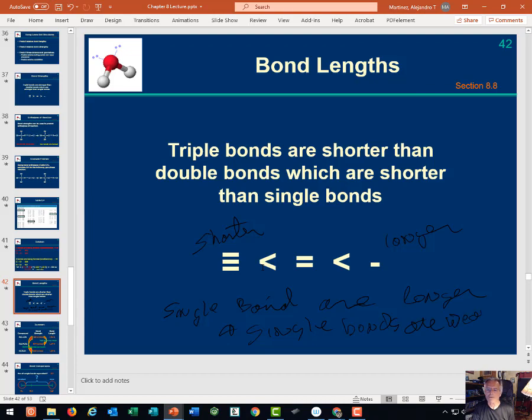They're weaker than double bonds or triple bonds, all right? So single bonds, longer and weaker. Triple bonds, shorter and stronger. So when you're comparing bonds in a molecule, look at whether you have a single, a double, or a triple.